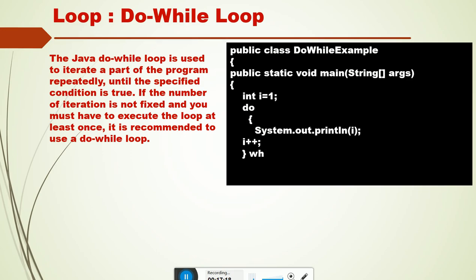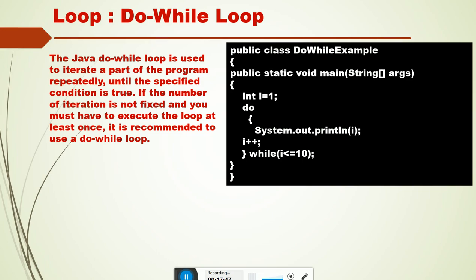Inside this loop we use System.out.println(i). We print the value of i, then i++ increases the value, and last while along with the condition i is less than or equal to 10. So without checking the condition it will execute the statement at least once, and at the end it will test the condition.